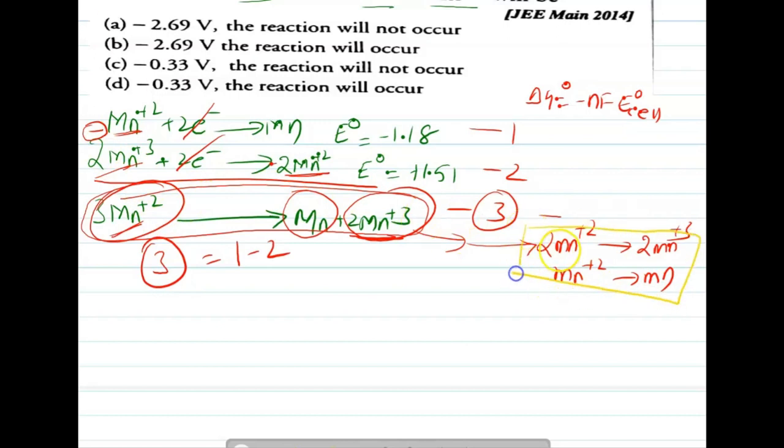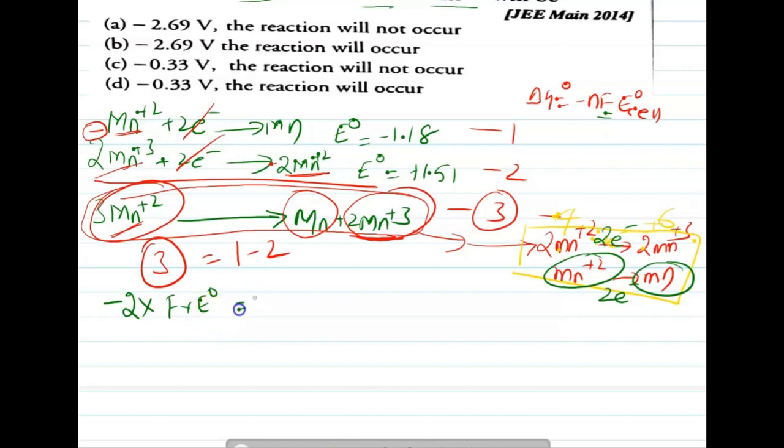If you see, 2 twos are 4 and 3 twos are 6. So plus 4 becomes plus 6, which means here we have 2 electrons. And 2 Mn plus 2 converted to Mn, again we have 2 electrons here. So the electrons are 2. So minus 2 into F into E naught cell is what we need to calculate.